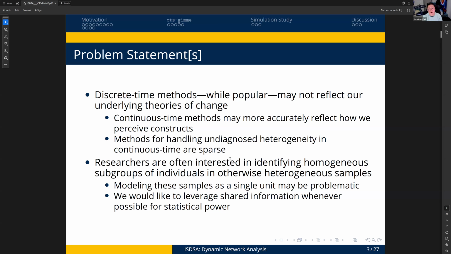When we think about my emotions, when we think about my depression, we might envision that this exists as a persistent state, regardless of whether I measure it or not.